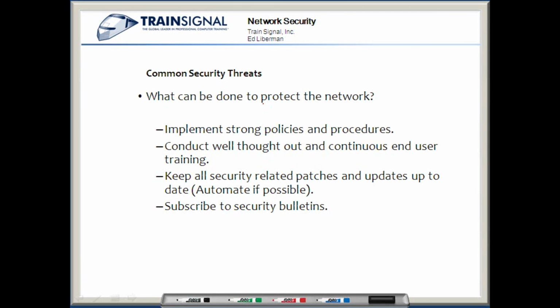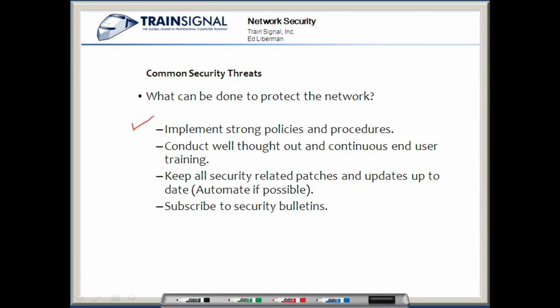Now, what can we do to help protect our network? I mean, we just learned there's a whole lot of danger out there, right? What can we do to protect our network? Well, one thing we can do is implement strong policies and procedures with regards to security. In the documentation video, I talked about policy and procedure documentation, but we didn't really talk about it from a security point of view. But yes, policies and procedures include security.